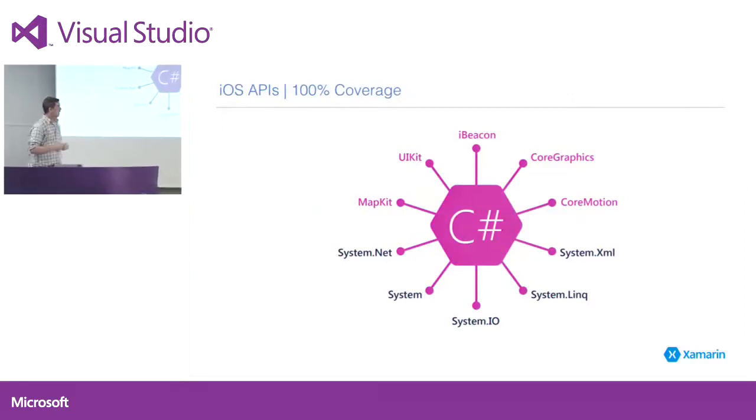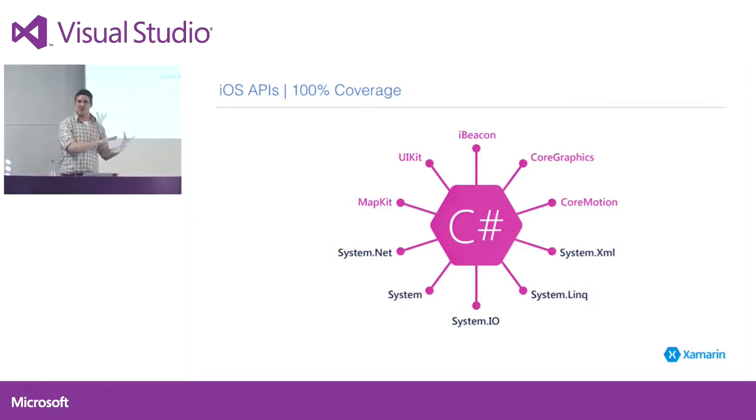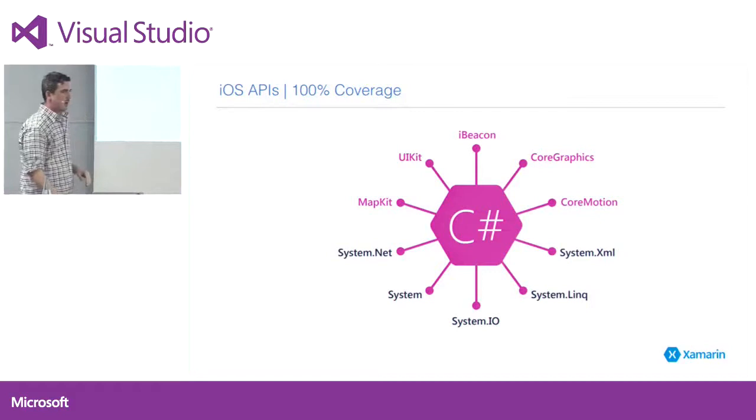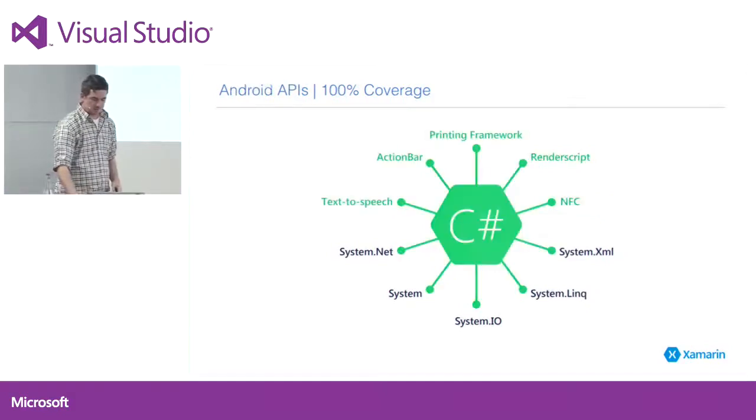So you have your iBeacons, your Core Motion. I wrote an app that counts your steps, so it uses a Core Motion step counting API that's available in iOS. So as I say, this approach is against the native API rather than a wrapper API. So you have access to the whole array of APIs that any Objective-C or Java developer has as well.